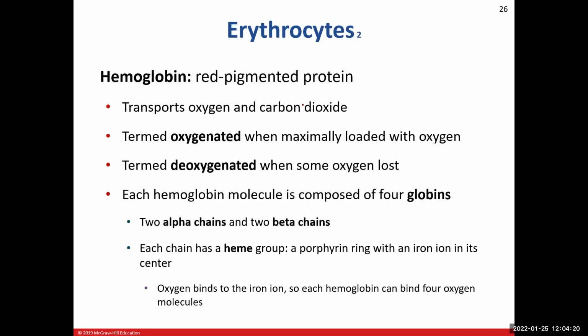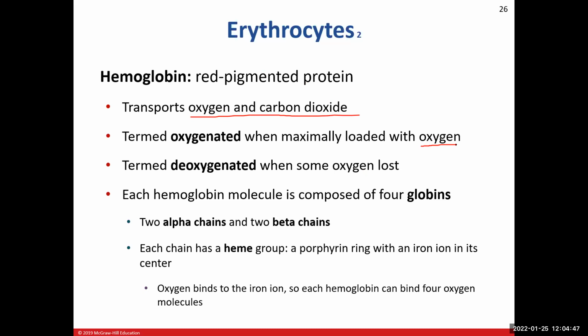All right, so what is hemoglobin? Again, it is the transport vehicle inside the red blood cell that is going to carry oxygen and carbon dioxide. Okay, when our hemoglobin molecule, remember what I said? You can have 4 oxygens on a hemoglobin molecule. When the hemoglobin molecule is pretty much loaded up with oxygen, we call it oxygenated.